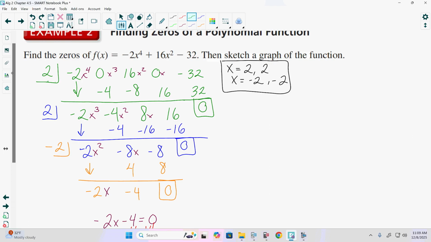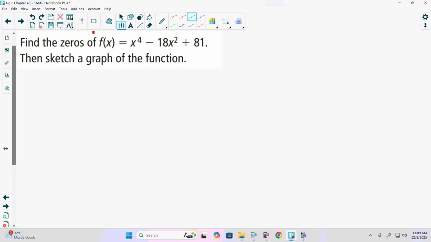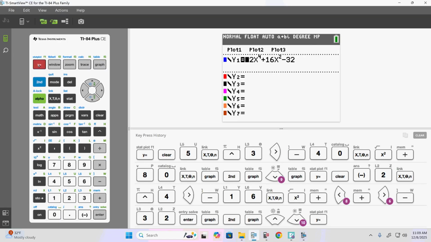Questions on this here? Yes. X to the fourth minus 18x squared plus 81. Well, we can graph that.